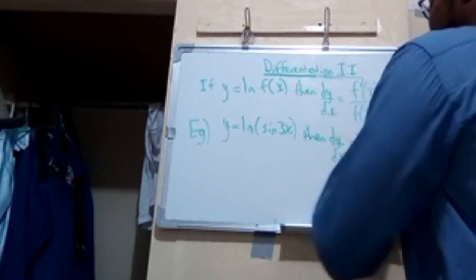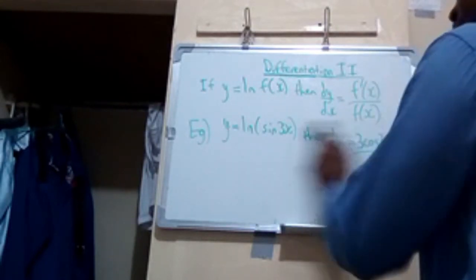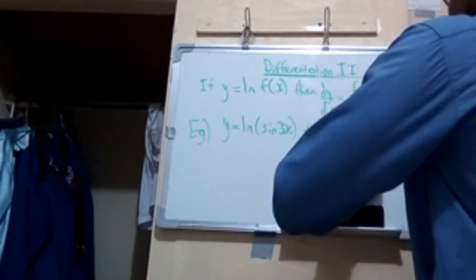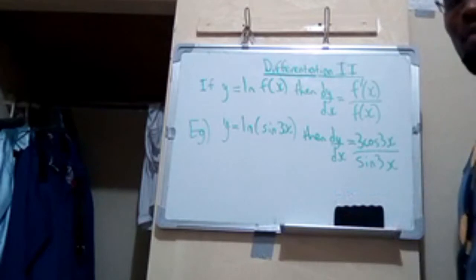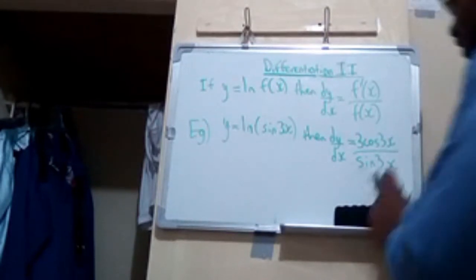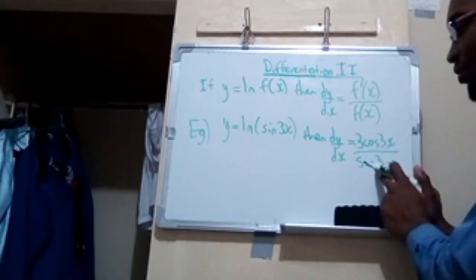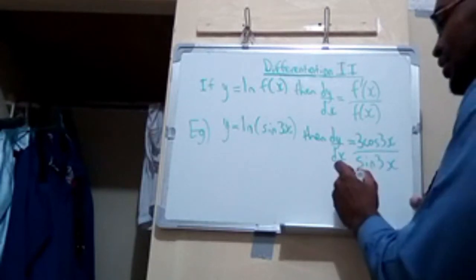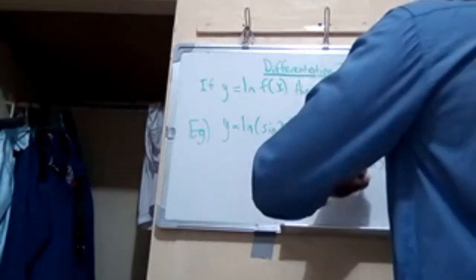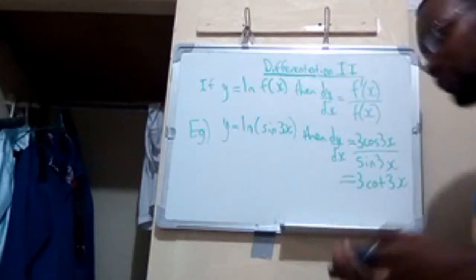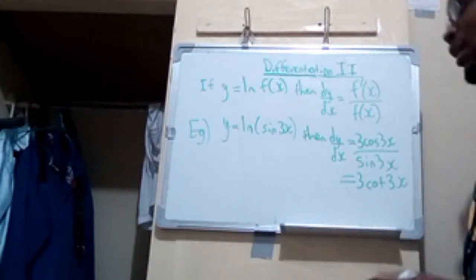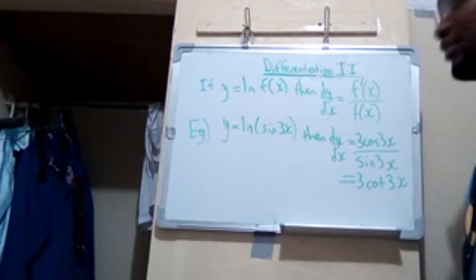So this becomes 3 cos 3x divided by our f of x, which is sine 3x. Now you can leave this answer like this, but watch here. Cosine over sine is cot. And so we can write this answer as 3 times the cotangent of 3x. And so that's how we would differentiate y equal to ln sine 3x.